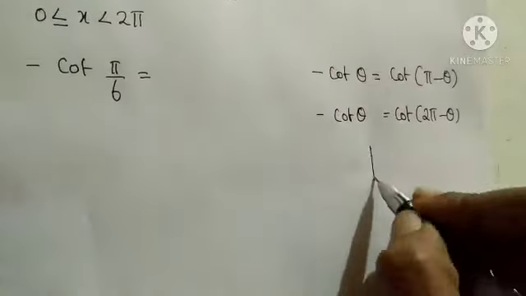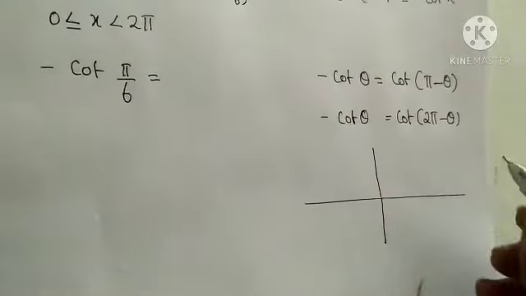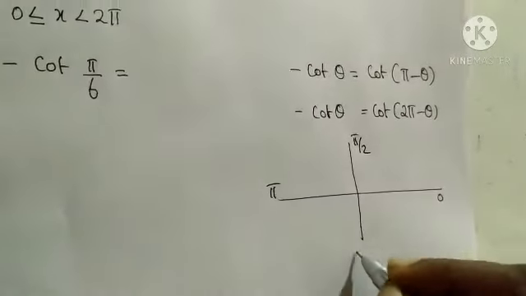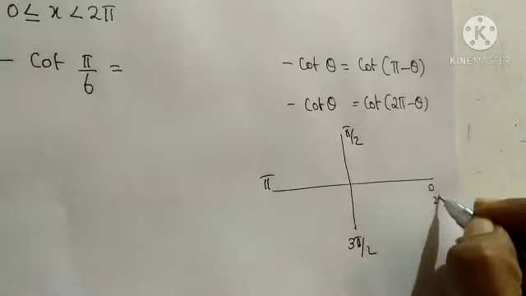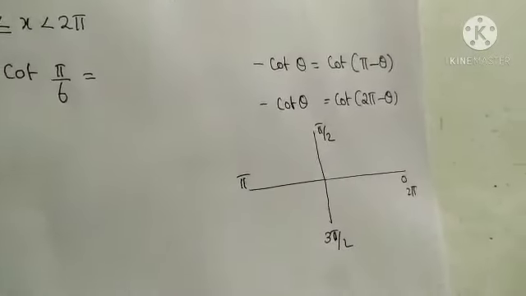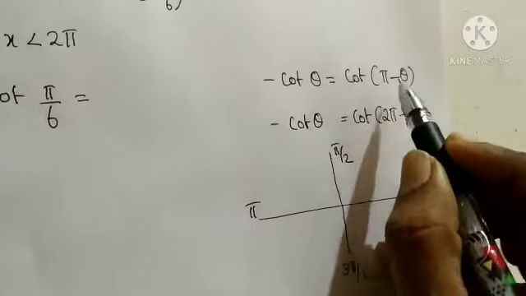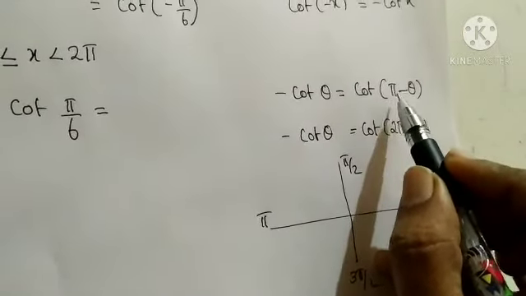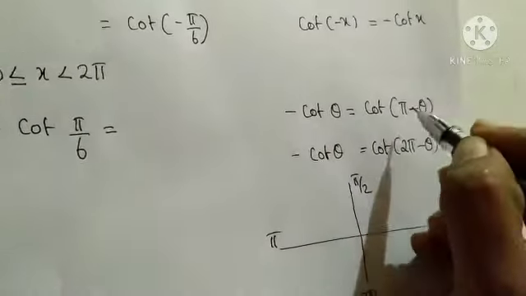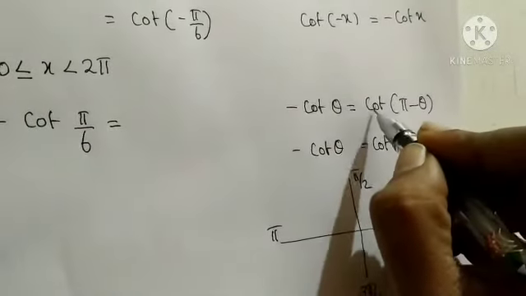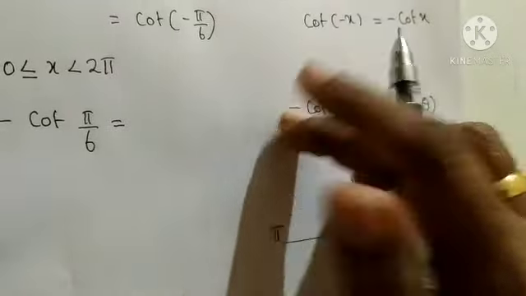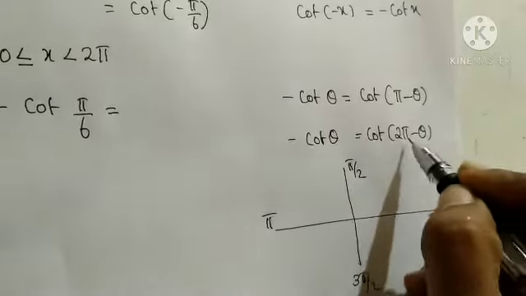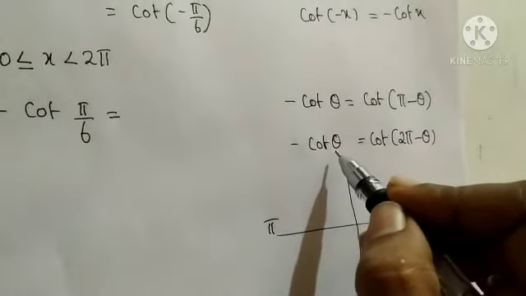So if we draw the 4 quadrant, this is our 0, pi by 2, pi, 3 pi by 2, 2 pi, and etc. It's continue like this. So pi, integral multiple of pi, pi remains the same of the trigonometric function, right? So cot pi minus theta become cot theta, and cot 2 pi minus theta become cot theta.